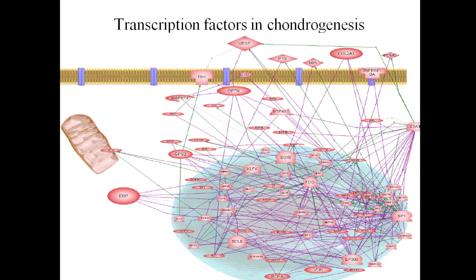Destroying of this net will lead to multiple problems with chondrogenesis, for example, rheumatoid arthritis, or any other events in cells, including oncotransformations.